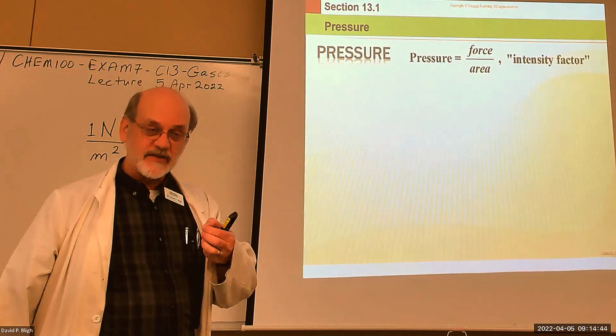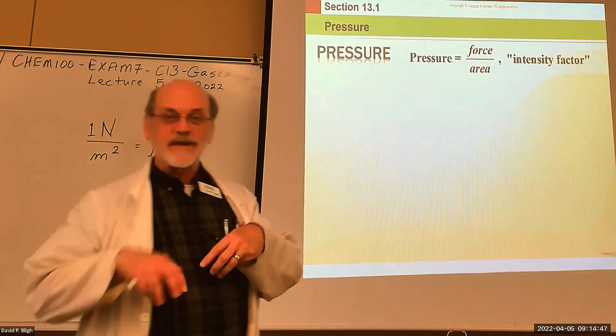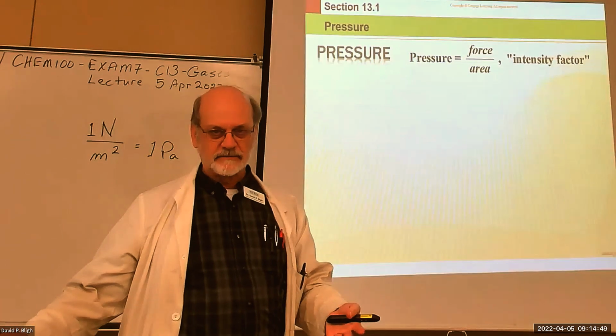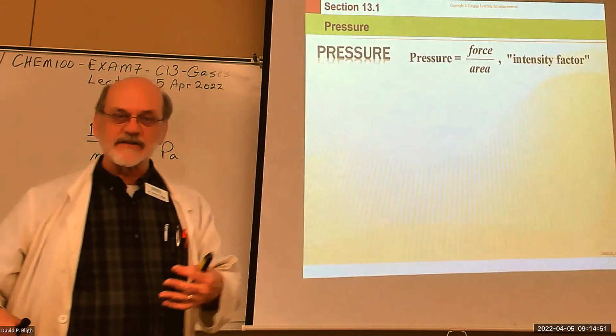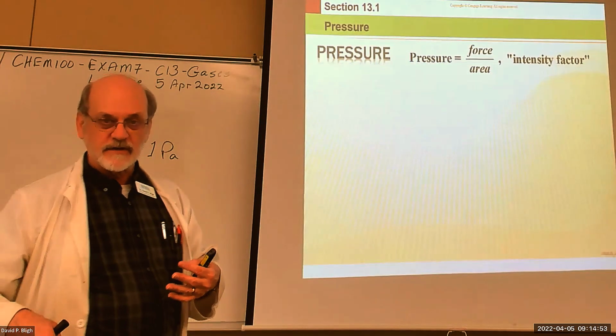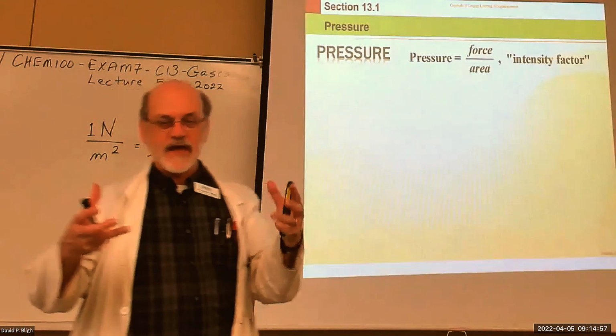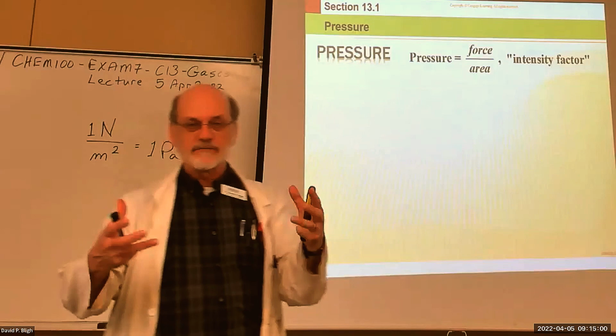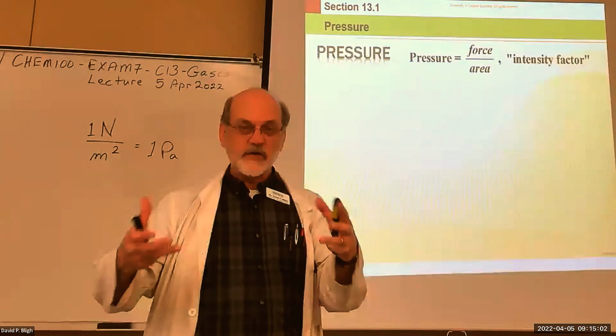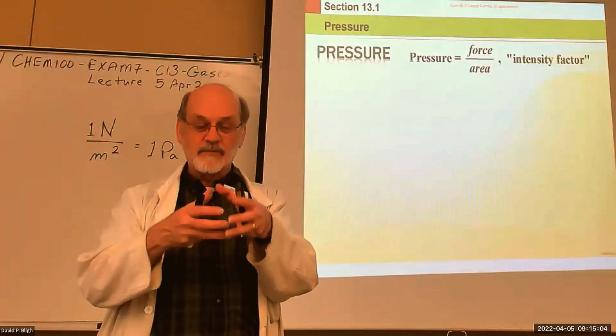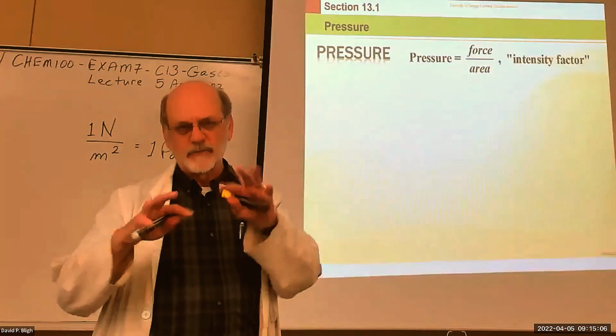Remember, extensive properties change with the amount of substance, whereas intensive properties do not change, like density. If I have this size bowling ball, it has a certain density. If I have a kid's size bowling ball, it's got the same density, roughly.